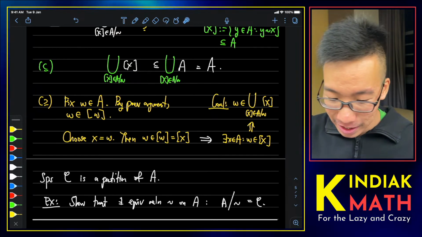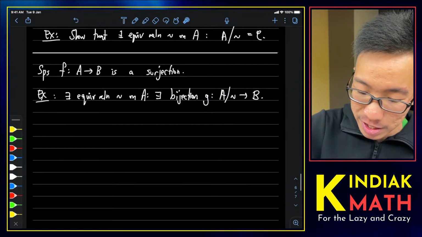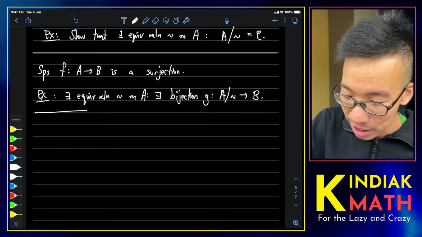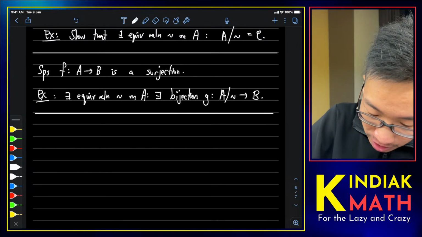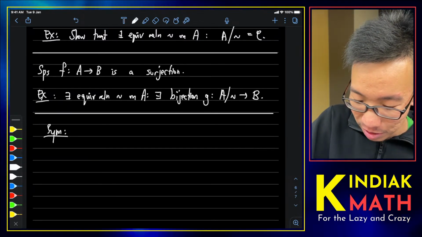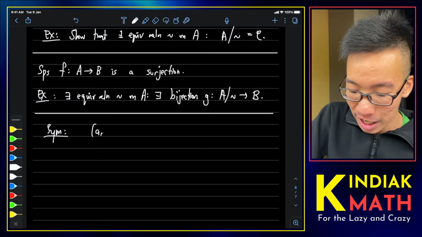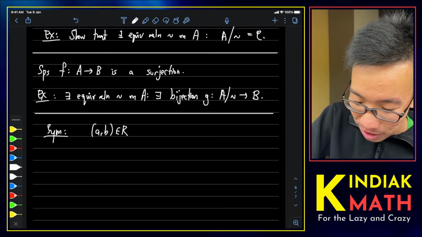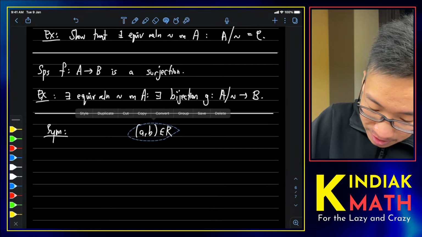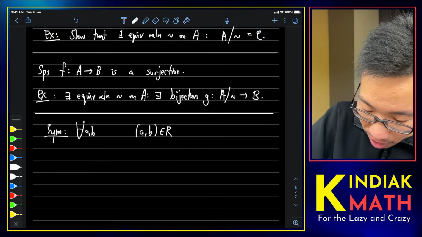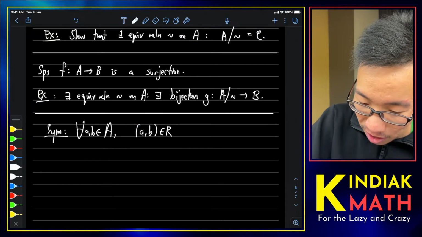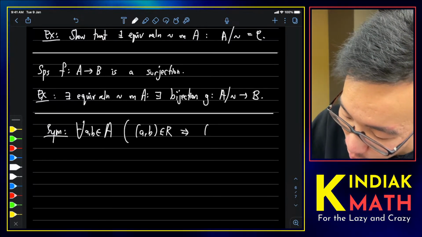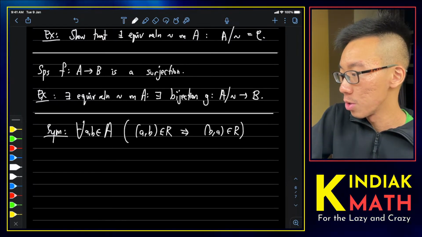What is symmetric and anti-symmetric? Symmetry refers to the fact that if A and B are related, for any A and B in the set, then if you swap them, B and A are also related.